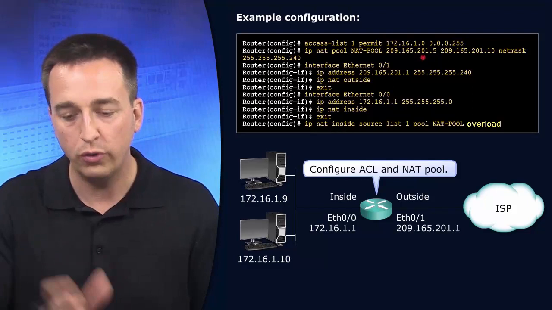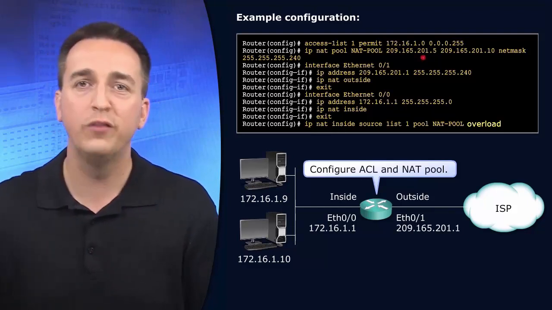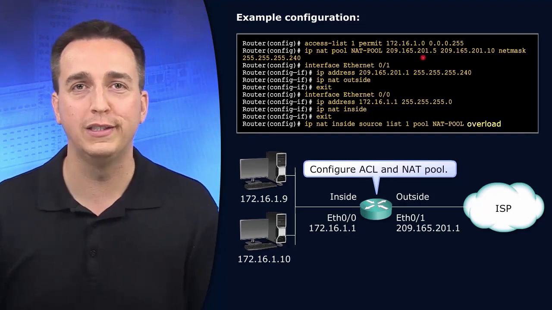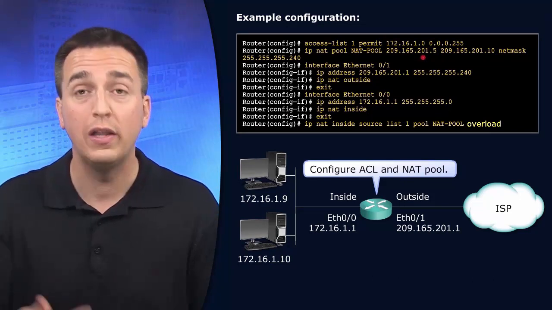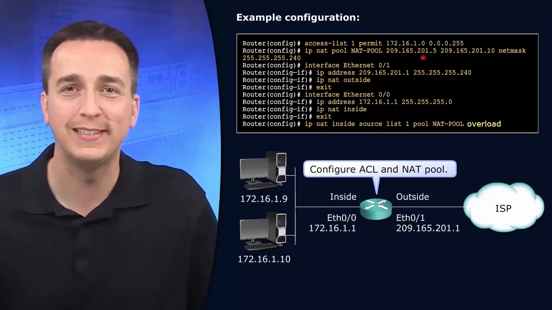Why? Because we can utilize these 6 addresses combined with the port numbers, just giving us a wider range to work with. So this is more of a real-world example here, whereby we're going to utilize that pool of public addresses and attach PAT to it, port address translation.